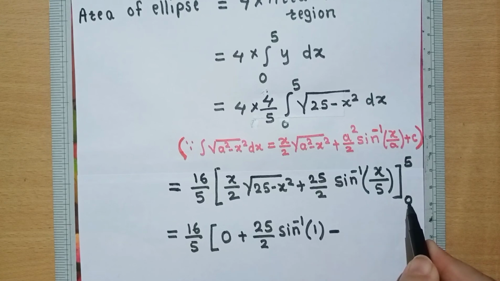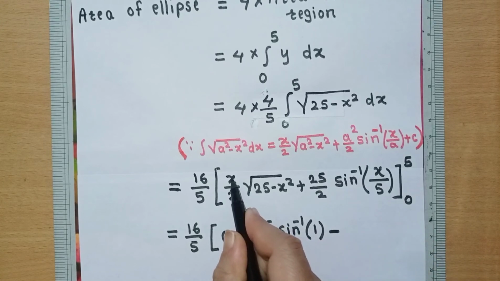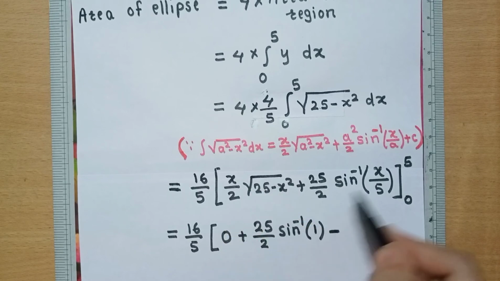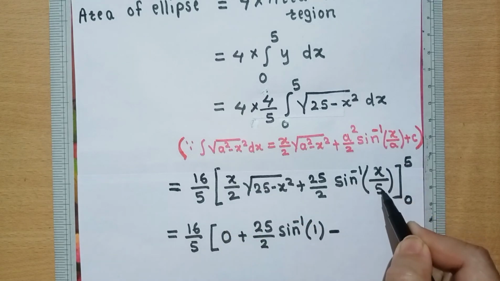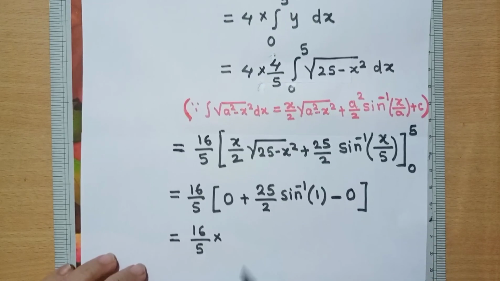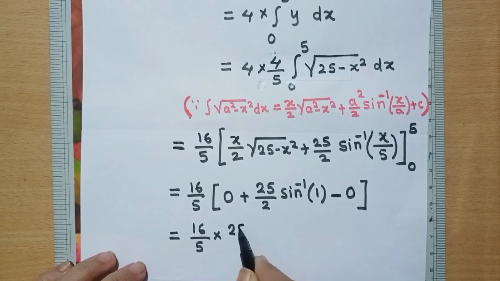Then we will substitute x is equal to 0. If we substitute here, 0 upon 2 whole term becomes 0, and sine inverse of 0 upon 5 is 0. So simply we will write 0.